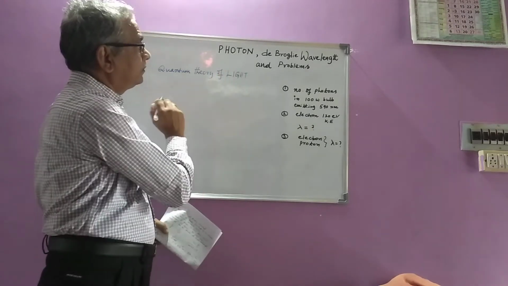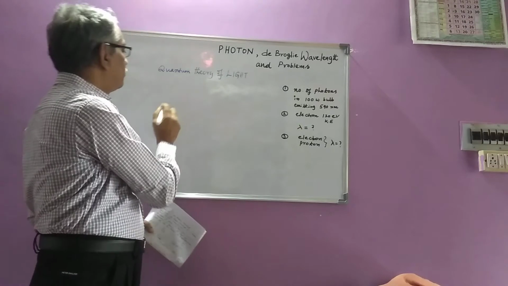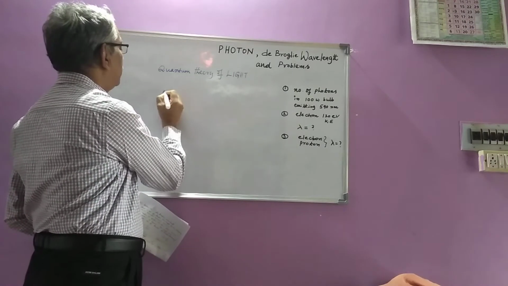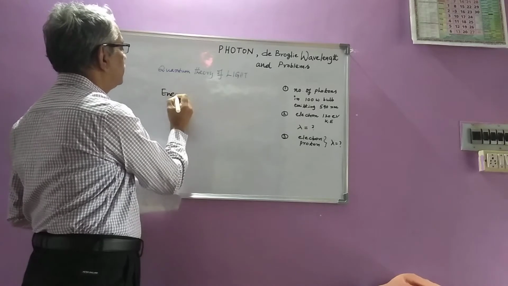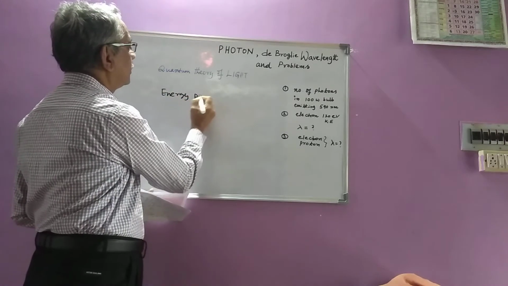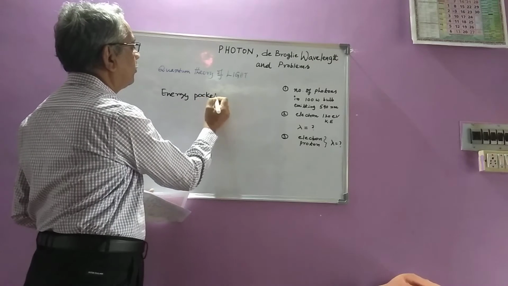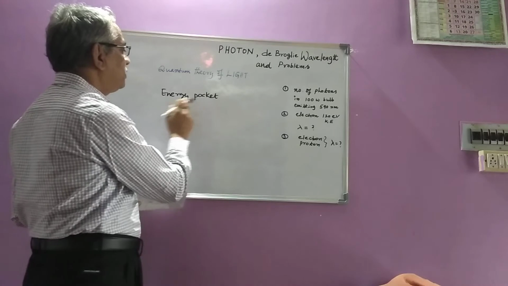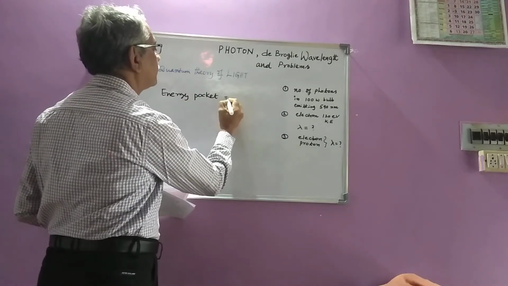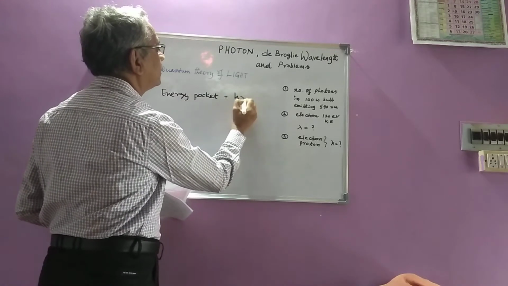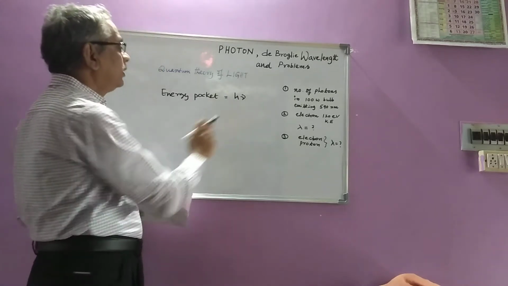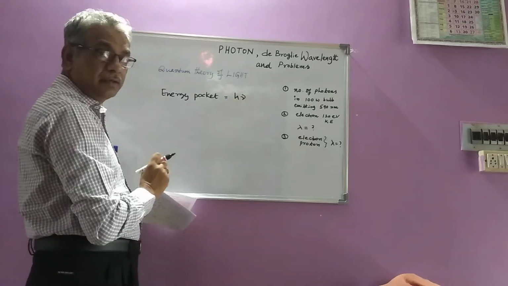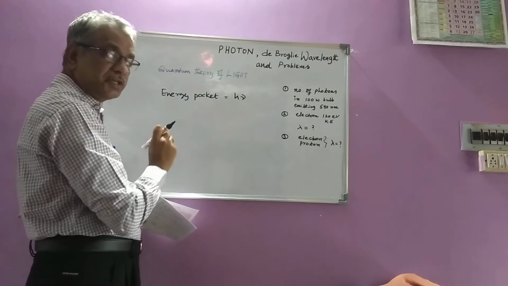Concept of photon. Photon is nothing but an energy pocket. Energy pocket equivalent to h nu, where h is Planck's constant, nu is frequency of the light radiation.